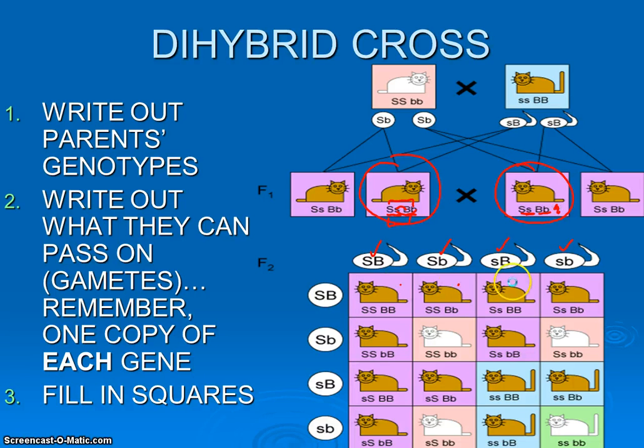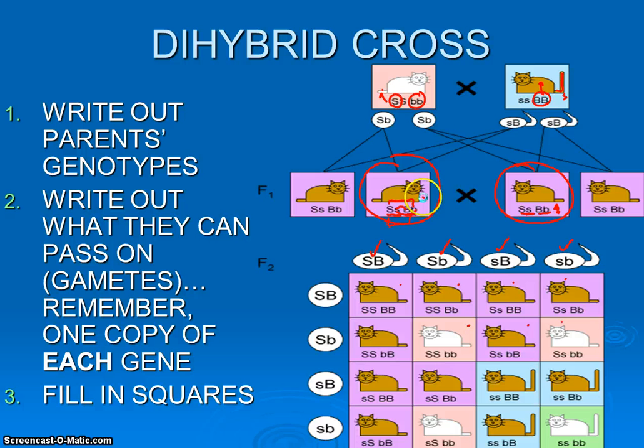Same thing for this parent. And look at what we have. We have 16 options, but what's strange here is for these traits, we're actually studying their tail length and their coat color. Notice up here, big B is dominant for brown over little b, which is white. And short tails, the big S, is dominant over long tails, a little s. So if we look at this, all we got to do is count them up.